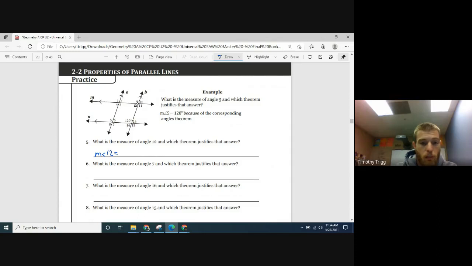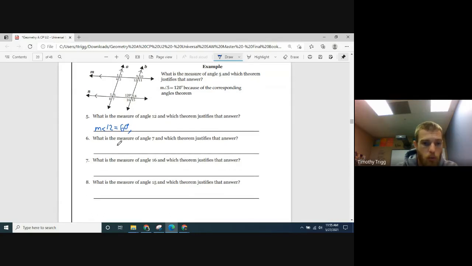So the measure of angle 12 will be 60 degrees. How do I know that? Because these two angles need to add up to 180. This 120 and this angle 12 need to add up to 180 in order to be supplementary. So how do we know that this is 60 degrees? I want you to write because they are same side interior angles. I'm going to help you with some of this, but I want you to write the explanation, okay? Because same side interior angles. So the 120 degrees with the 12, the measure of angle 12 is 60 degrees because same side interior angles.